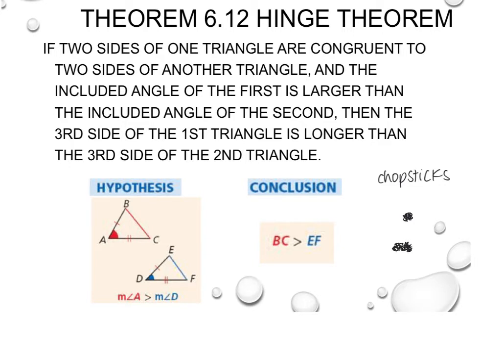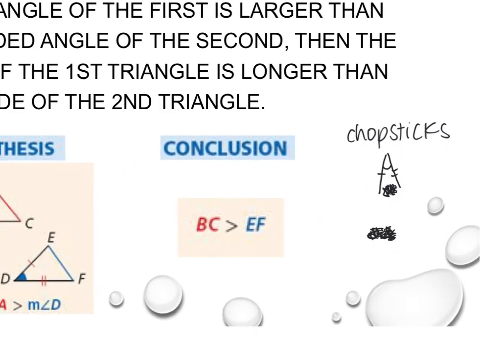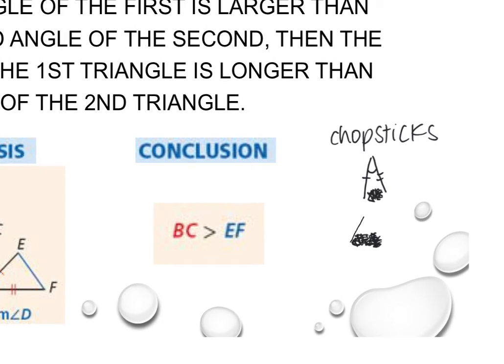Now, your chopsticks are fixed, right? So in order to pick up the small piece of rice, the angle that you're making is going to be nice and small, okay? In order to pick up more rice, the angle that you make with the chopsticks has to be bigger, okay?